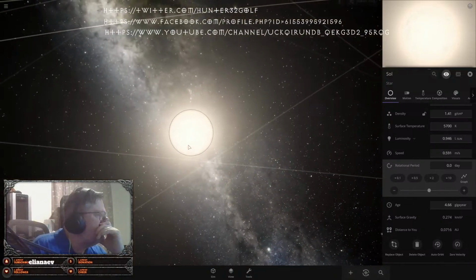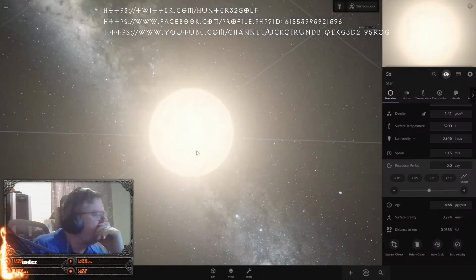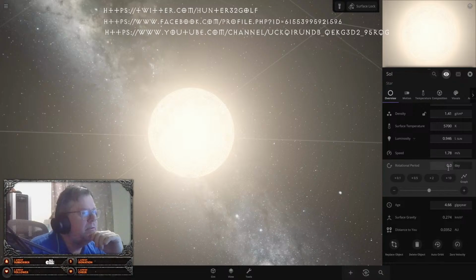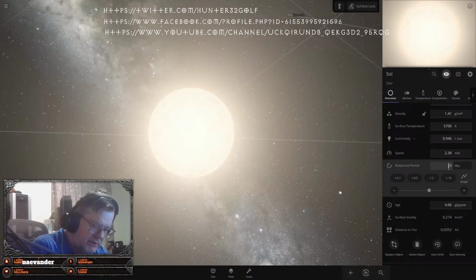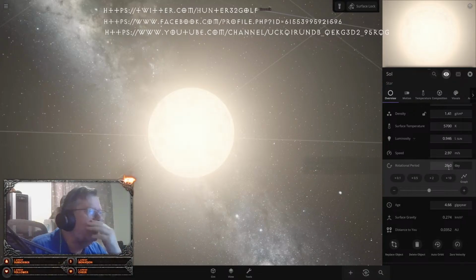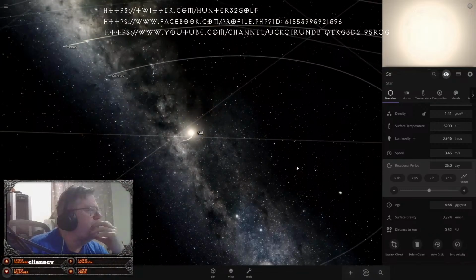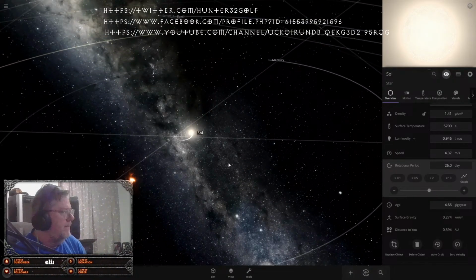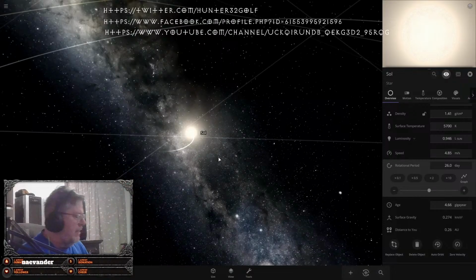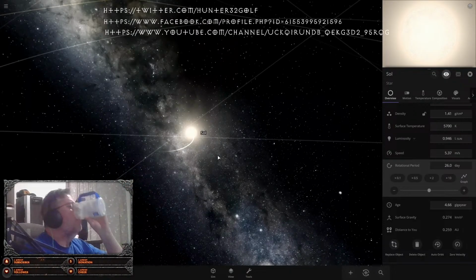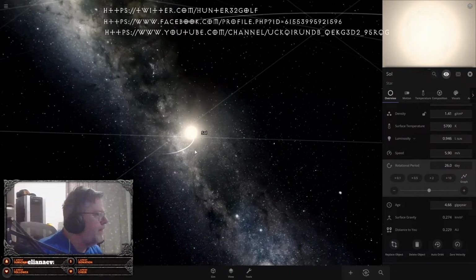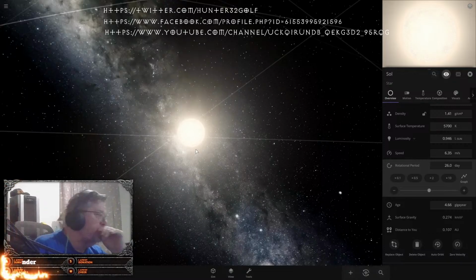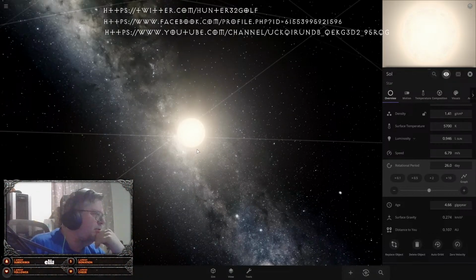It doesn't highlight the differences in the sun either. Let's get this back to 26. All right, so that's our sun. It's a main sequence star. And it's what gives life to the Earth. That and the water.